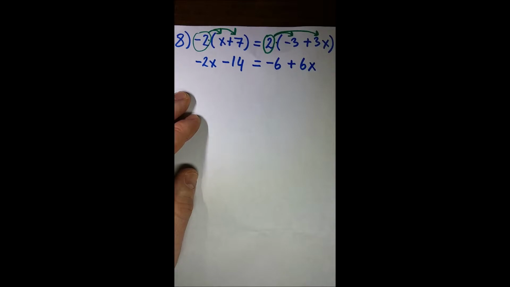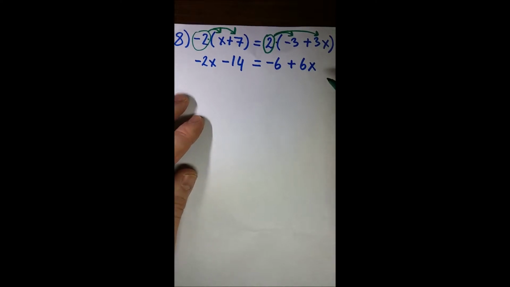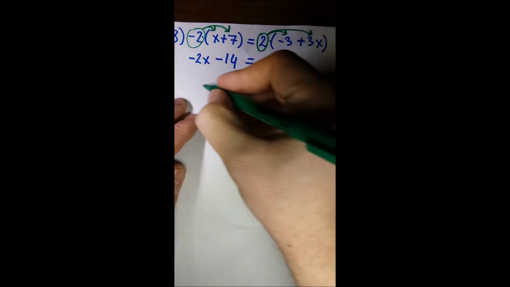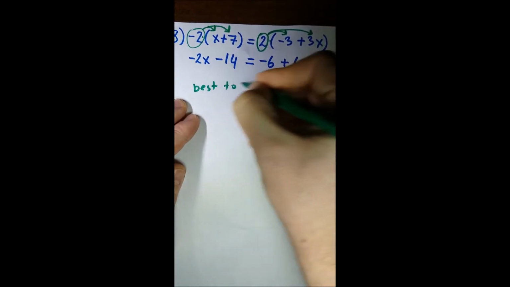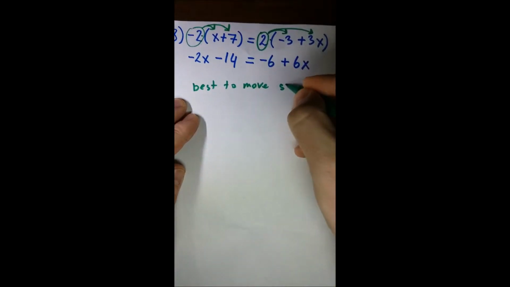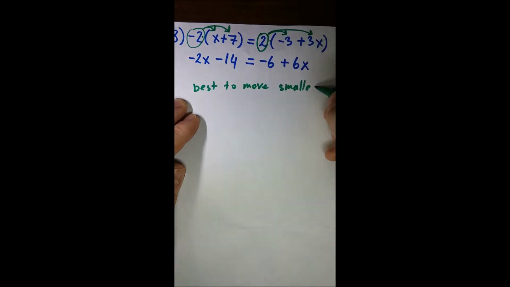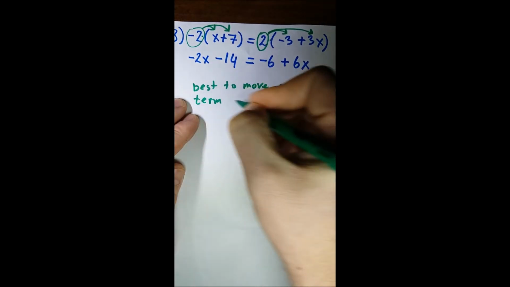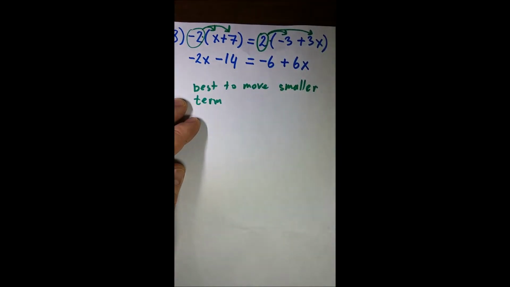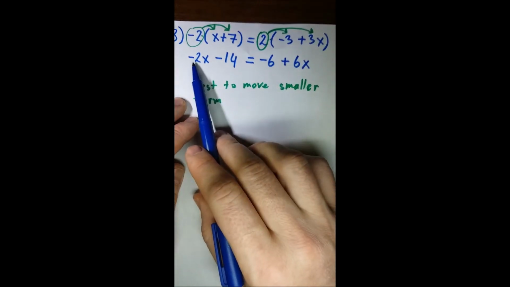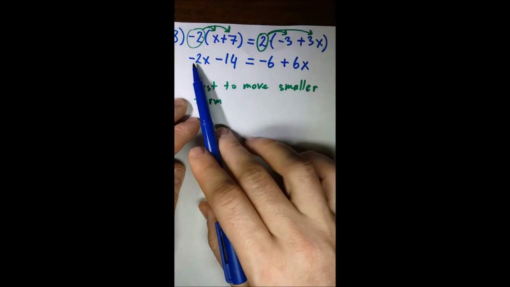Step 2, we need to move some things around. We need to move variables to one side and non-variables to another side. In this case, it's best to move, here's my hint, the smaller term, when talking about variables. And so I'm going to move this negative 2x because it's positive 6x and negative 2x.